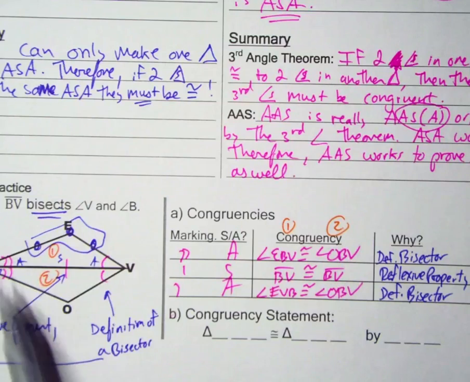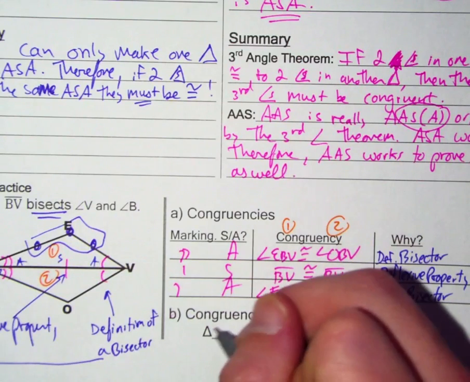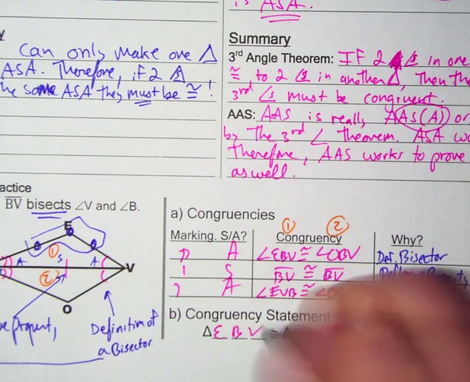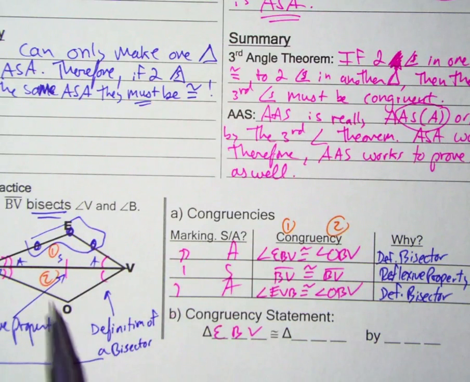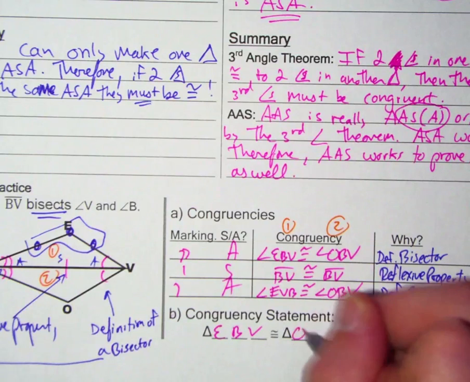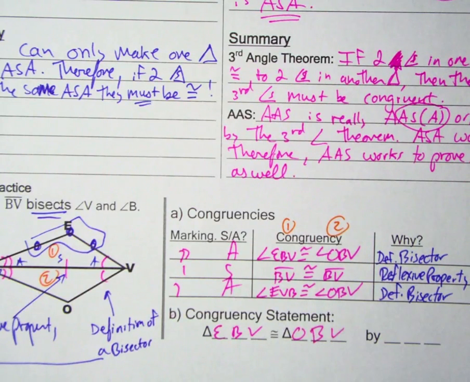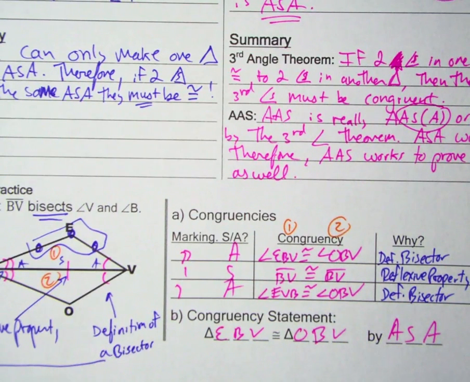So my statement, I'll say triangle EBV. I have to start up here in triangle 1 again, have to keep the order. It's congruent to triangle OBV. And the reason why, by angle, side, angle. You can only make one kind of triangle with angle, side, angle. So because these two triangles share it, they must be congruent. Good luck.